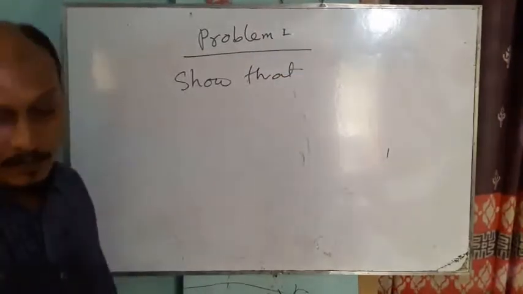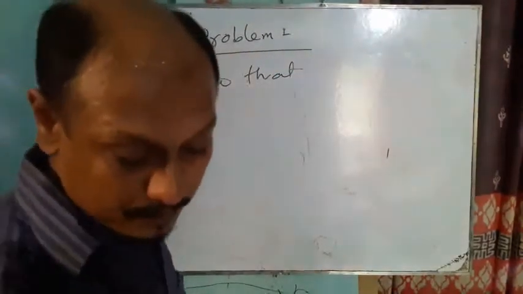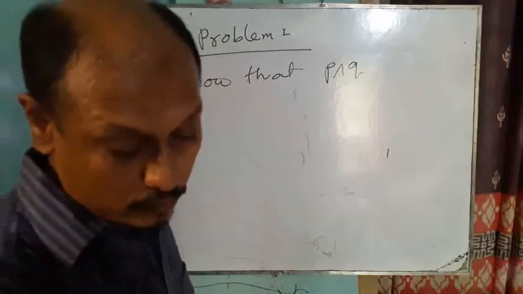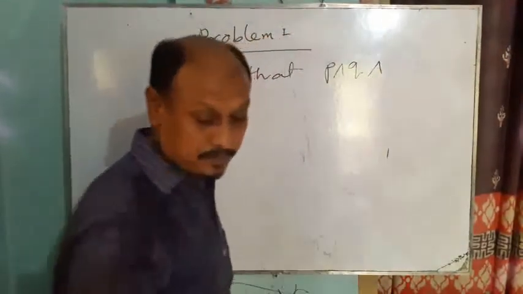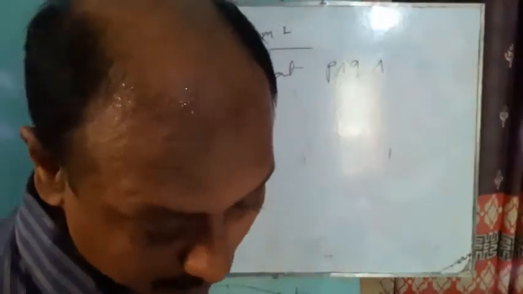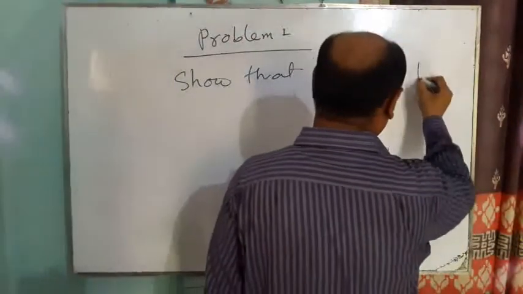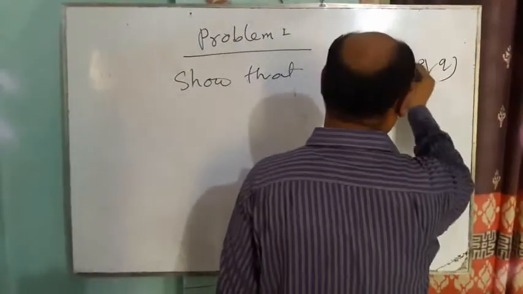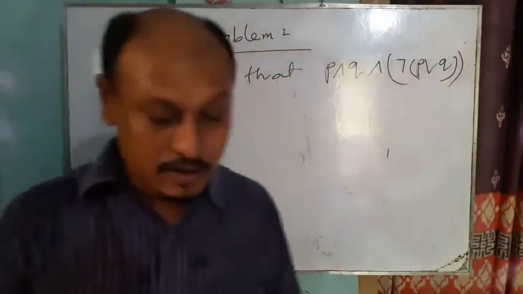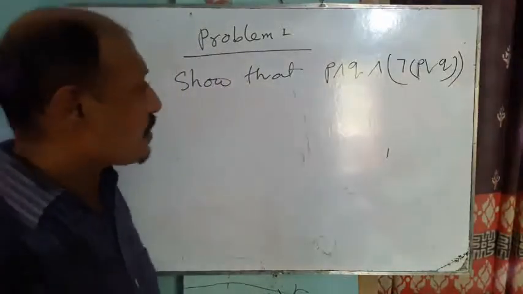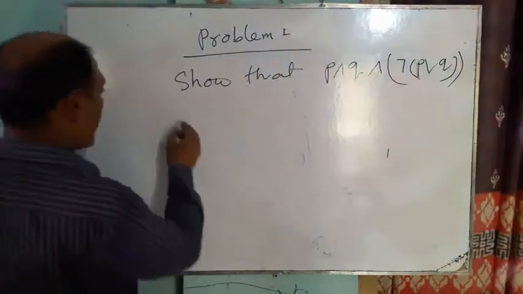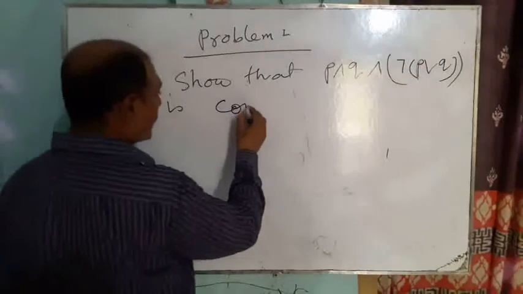Show that P conjunction Q, conjunction negative of P disjunction Q, is a contradiction.